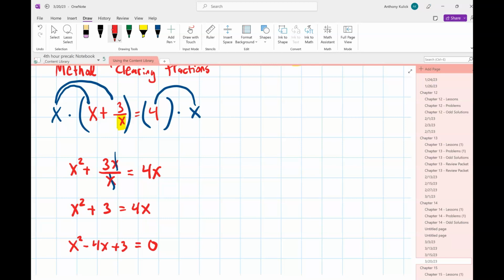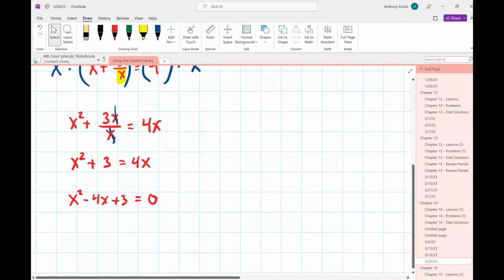How do we solve a quadratic equation? You could factor it, or what's the other method? Quadratic formula. Either is okay, in this case, anyways. Let's choose factoring because the leading coefficient is 1. So if it does factor, it should be pretty easy to do.